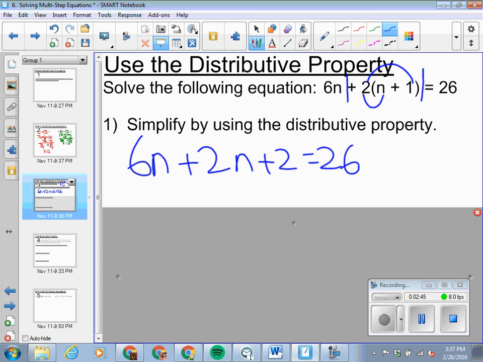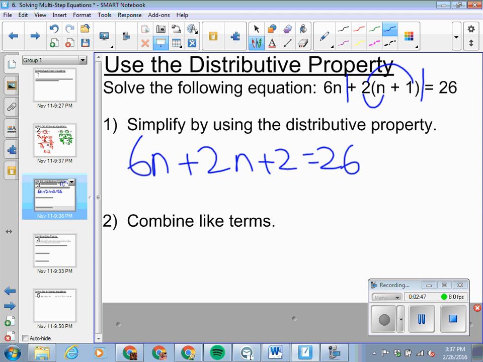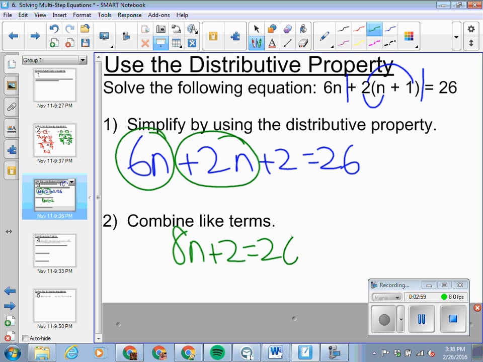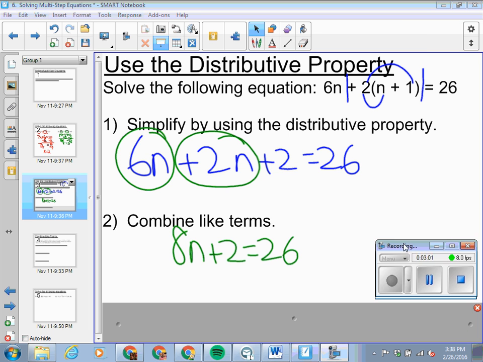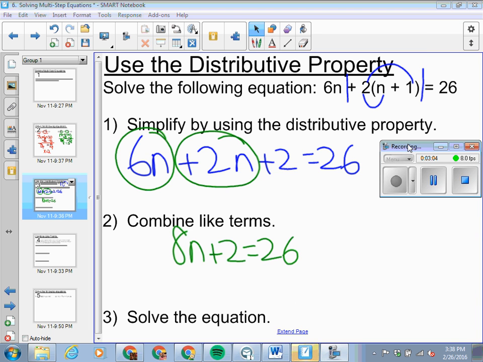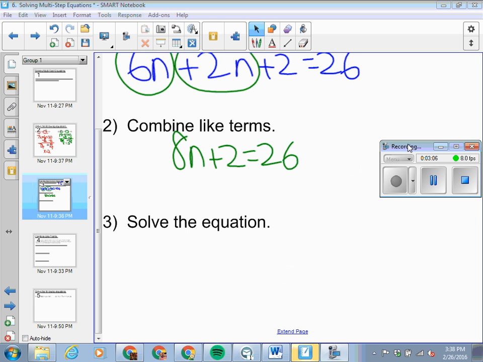So now we're here, combine our like terms, and we've got a couple of variable terms right here. Combine 6n and 2n to give us 8n. And now, it looks like a 2-step equation. So we can go forward and solve it.